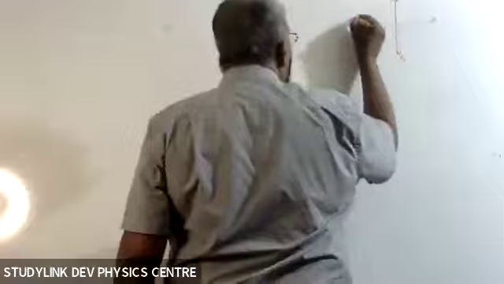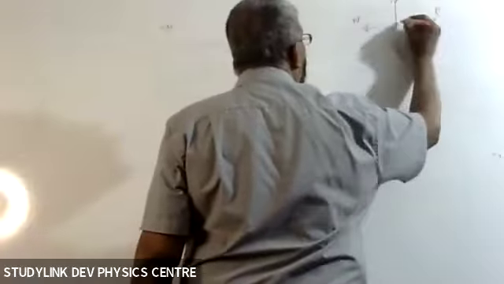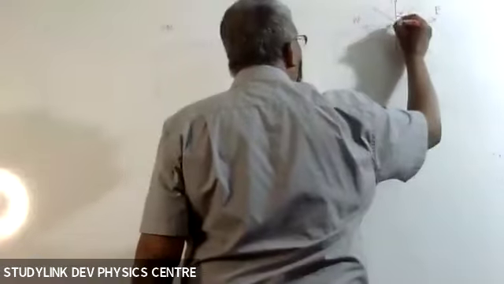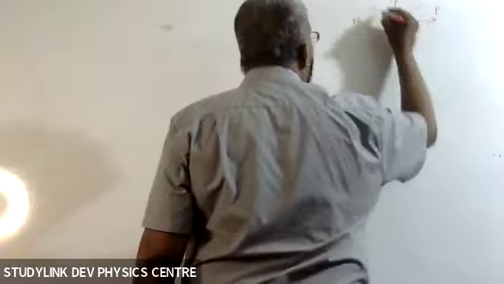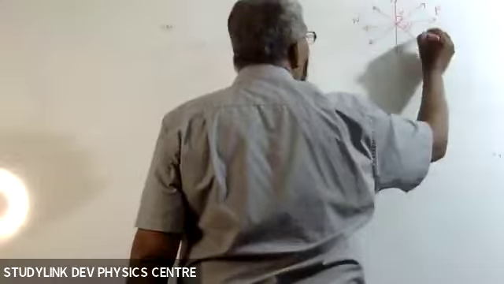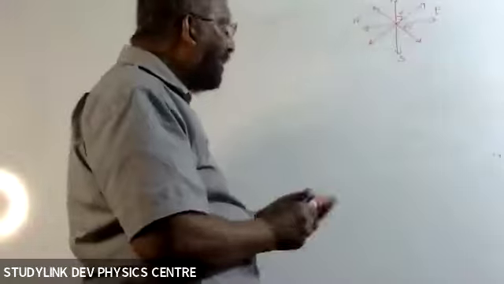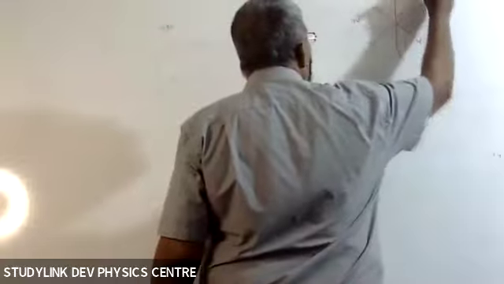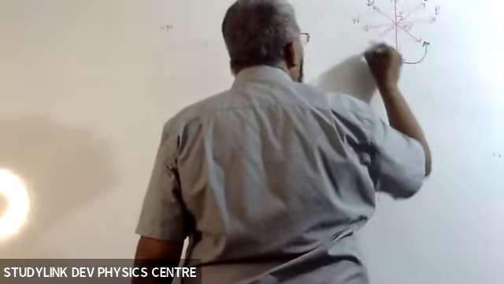Normally, to understand this in a proper way, I will draw this: north, south, west, east. This is 45. Again 45 from here. All the angles are 45. Normally, these directions are written from the north-south line. From north to east, north to west, south to east, south to west.